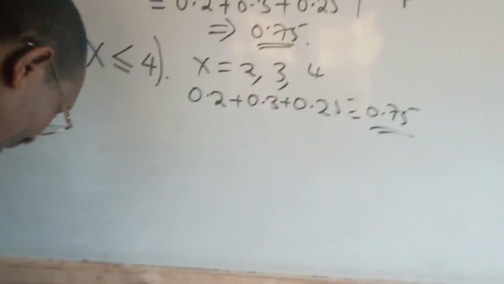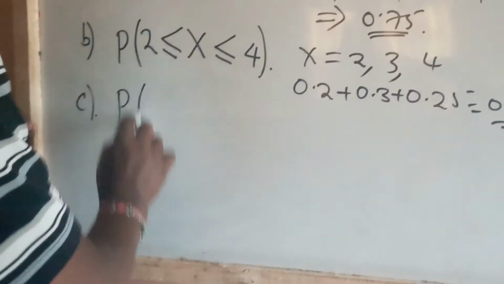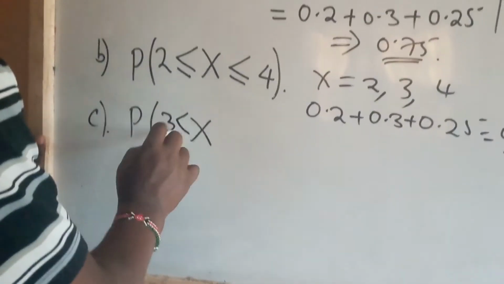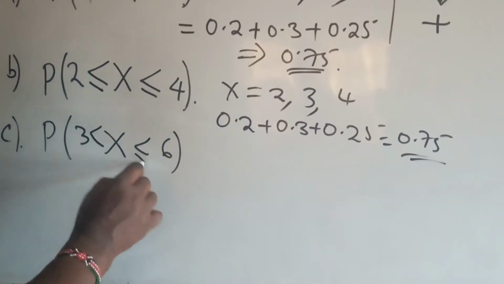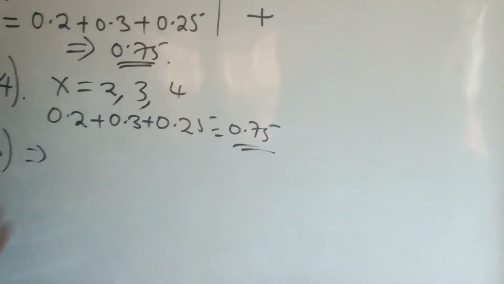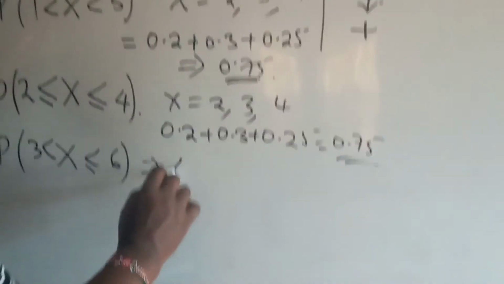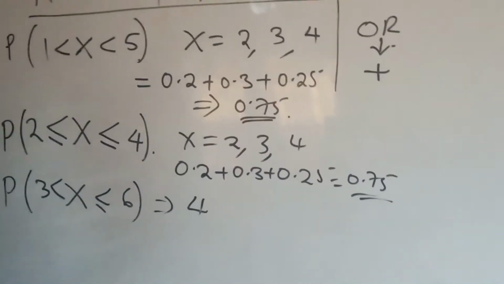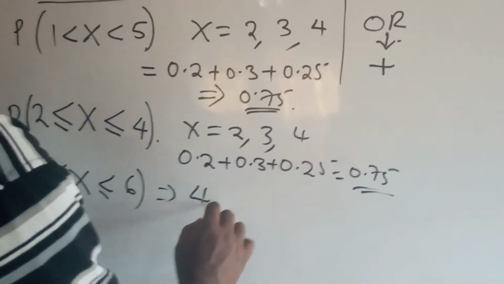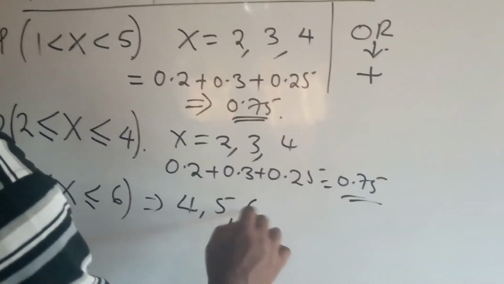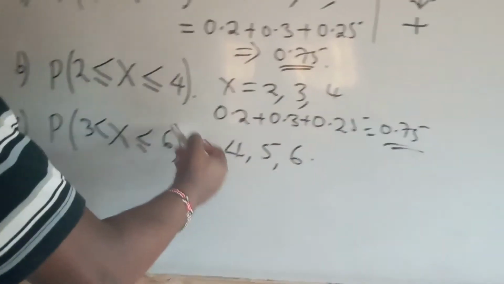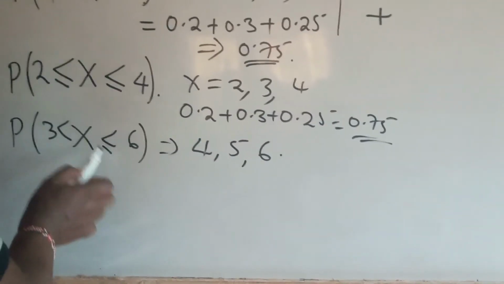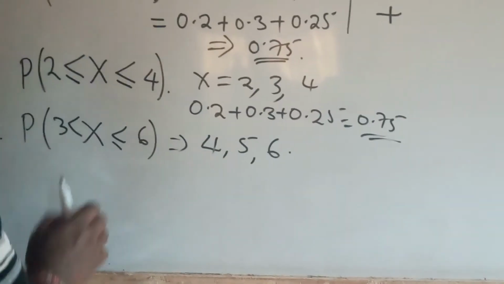Part C, we are saying that the probability of x is greater than 3 and less than or equals to 6. This one can only occur when x is a 4. Remember, 3 is not included. A 4, or a 5, or a 6, because the upper boundary here is inclusive due to the existence of less than or equals to.